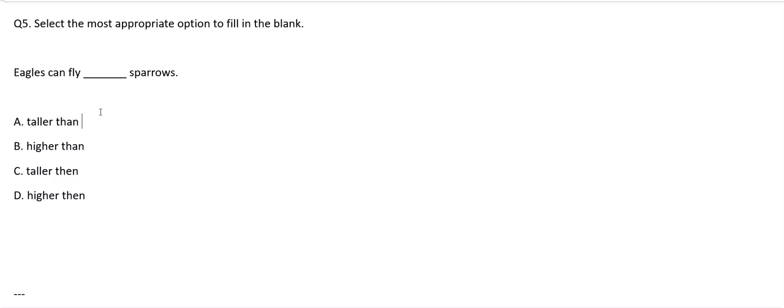Whereas higher than is always used to reference altitudes, the vertical distance at some point of height. So here, eagles can fly to a greater height than sparrows, which is a reference to altitude. We will go for higher than. Whenever there is a reference to altitude, a vertical distance, we go with higher than.